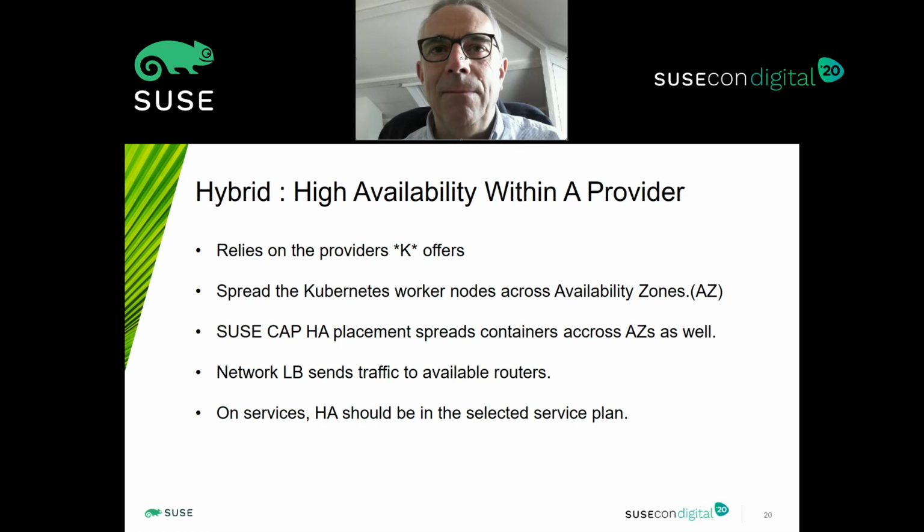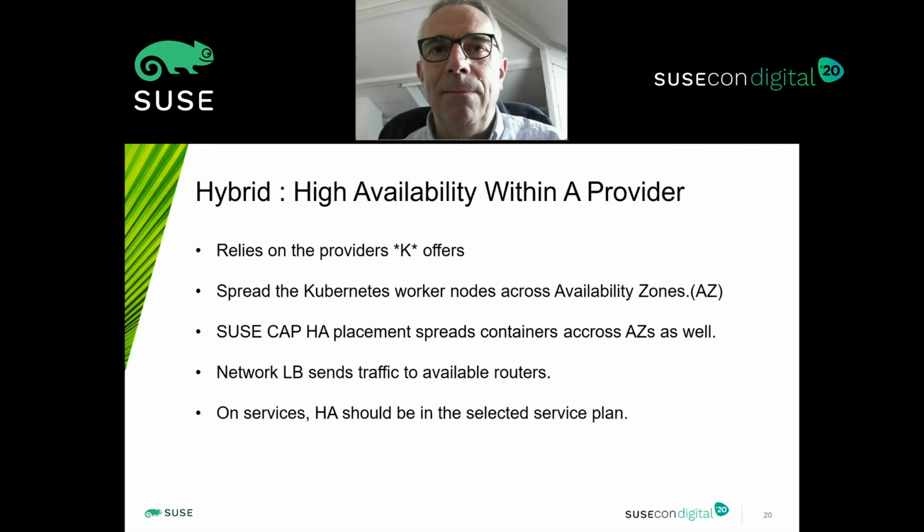As well, SUSE CAP HA placement inherits from that and can make use of these availability zones for the Cloud Foundry components. The network load balancer sends the traffic to the available routers. On the service side, HA should be done by the selection of a service plan that you can get from the various service brokers.